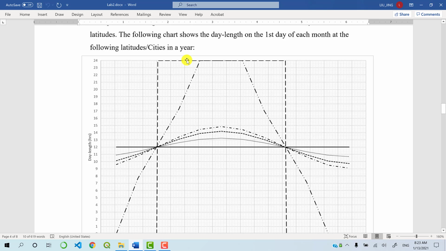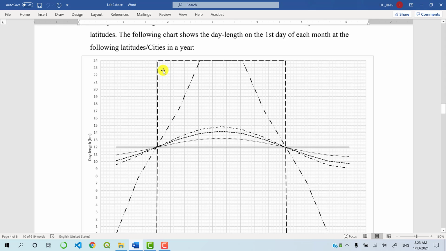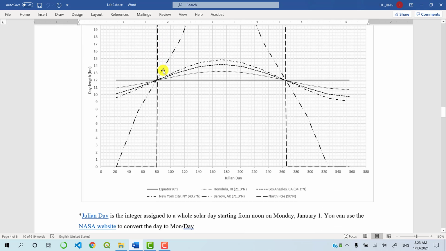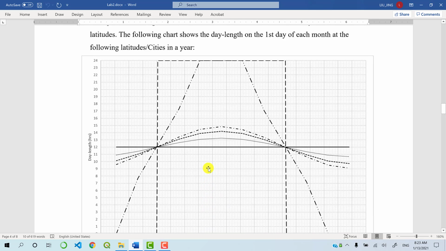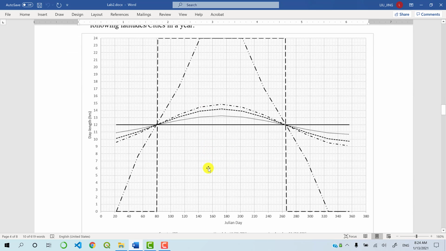Okay, North Pole, more extreme day length change. So you can see here longer period. Okay, actually from this so-called Julian day, that is another concept. Let me explain in a minute. Okay, but from this 80 Julian day, you have 24 hours lasting for 6 months. Okay, this is how many days? 180 days, right?